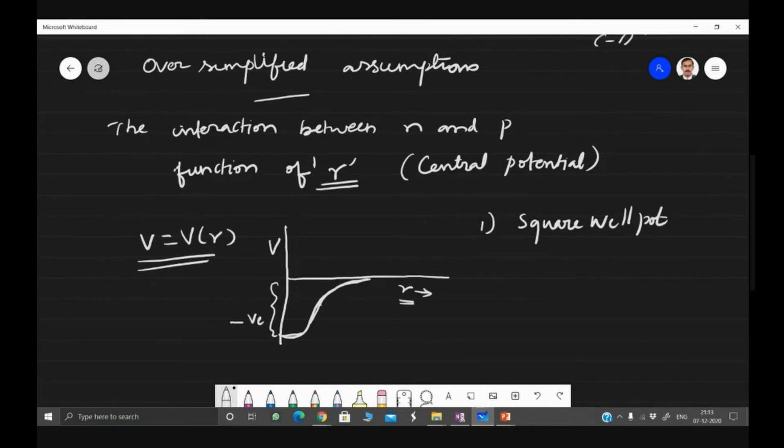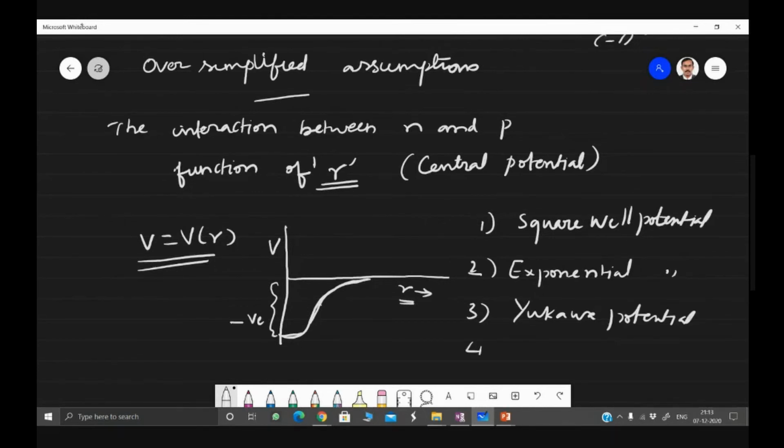There are other forms of potential that can be used, like the oscillator potential, exponential potential, Yukawa potential, and then a numerical Saxon-Woods potential.